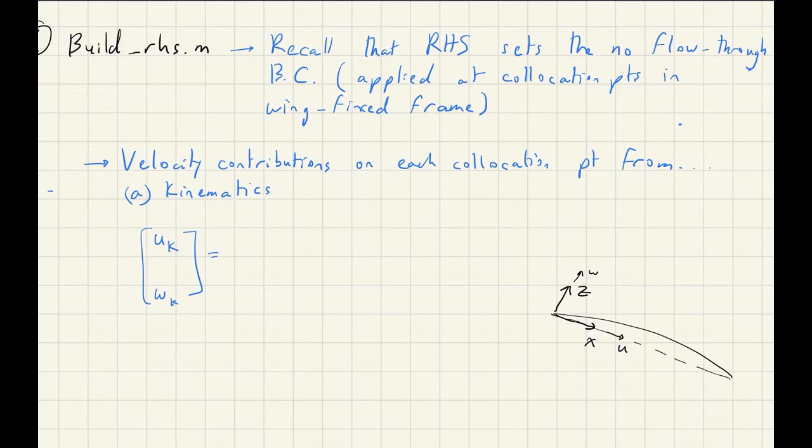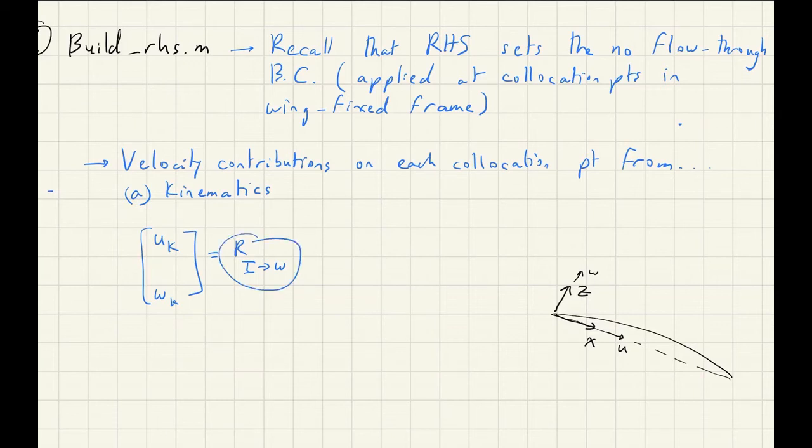Okay, the first component is due to the kinematics, or sorry, not kinematics, I meant the component from the velocity of the wing, so the horizontal and vertical velocities of the wing. Here we can find this component in the wing fixed frame using the rotation matrix that we talked about before.